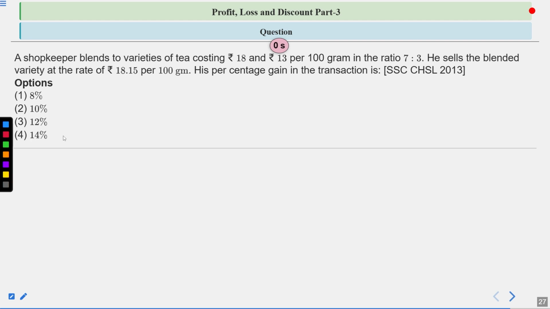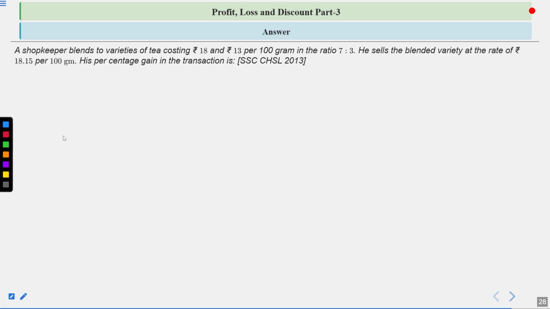Now time's up. Let's see the solution of this question. So the question says that a shopkeeper blended two varieties of tea costing 18 rupees and 13 rupees per 100 gram in the ratio 7:3. So we can calculate the total price, and it is also given that he sells the blended variety at the rate of 18.15 rupees.